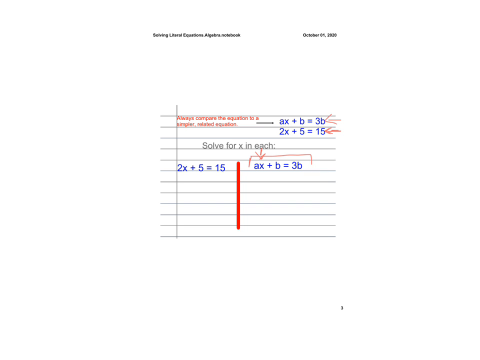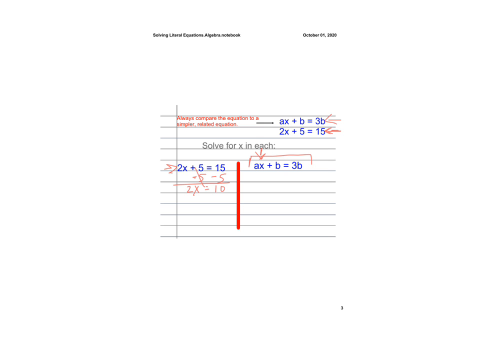Keep x, x, but replace all of the others with numbers. So if I just look at this left equation right here, since it's a simple two-step equation, my first step would be to subtract 5 from both sides. Okay, that's going to be our first step. So we'd get 2x equals 10.